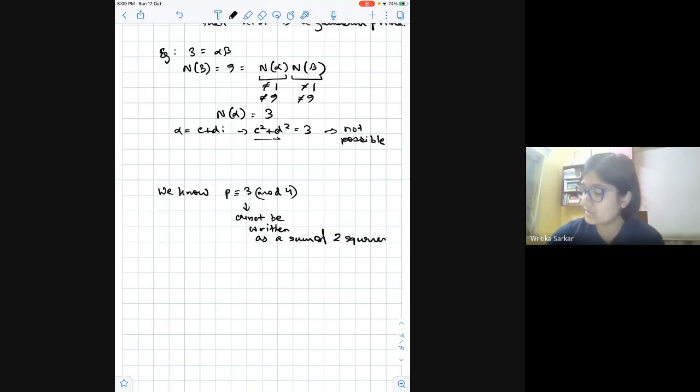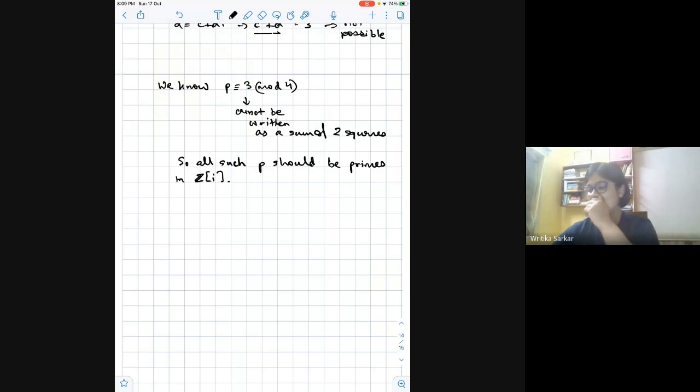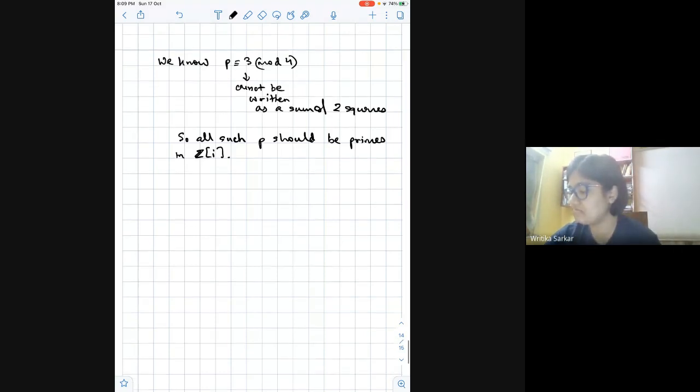So all such p should be primes in the Gaussian integers as well.